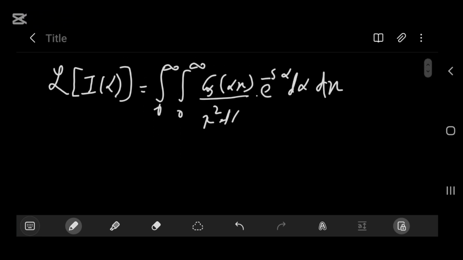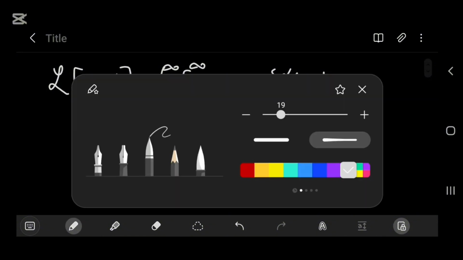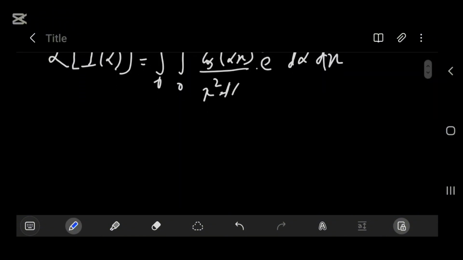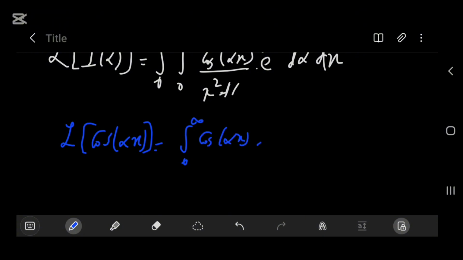Well, we know that the Laplace transform of cos alpha x is equal to the integral from 0 to infinity of cos alpha x dot e to the negative s alpha d alpha.